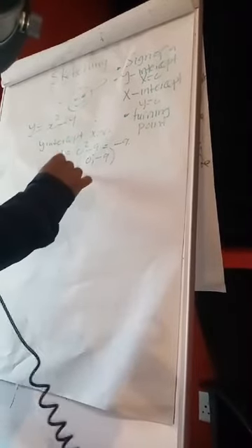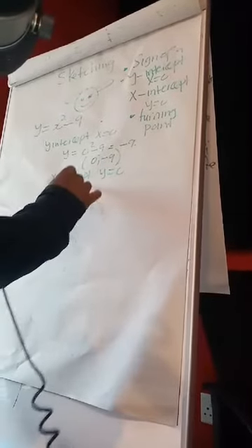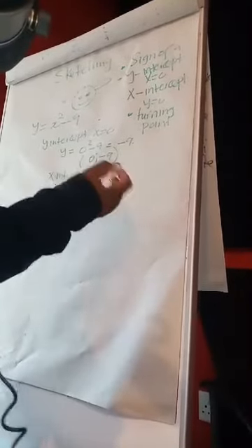Right, let's check the x-intercept. The x-intercept, we have said, is where y is 0. So where this y is, you are going to put 0. 0 is equal to x squared minus 9. Remember, you have done solving quadratic functions, so you can solve it in different ways.